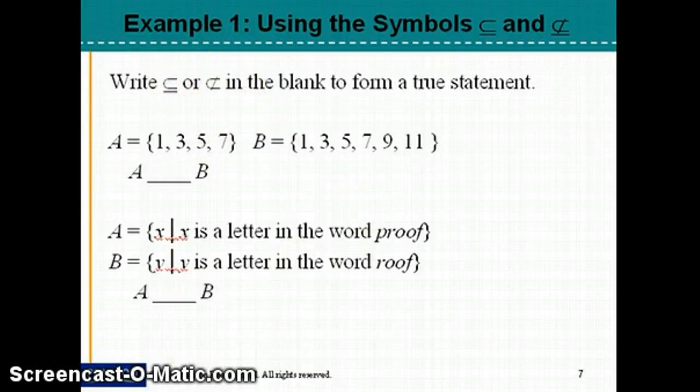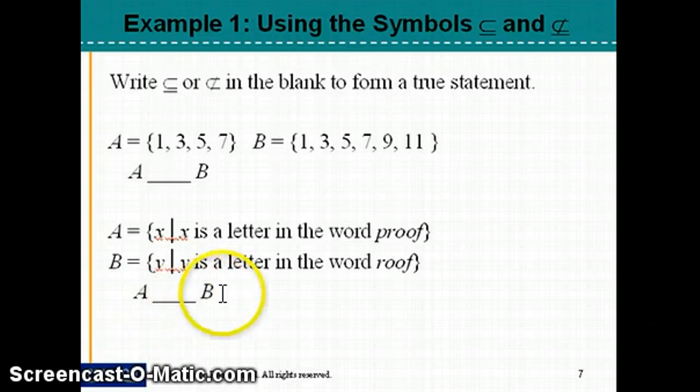All right, I know that this sounds like I'm talking Chinese here. Okay, let's look at the next one. Set A is a letter in the word proof, P-R-O-F, right? And B is a letter in the word roof, R-O-O-F. Okay, so the question is, is A a proper subset of B?